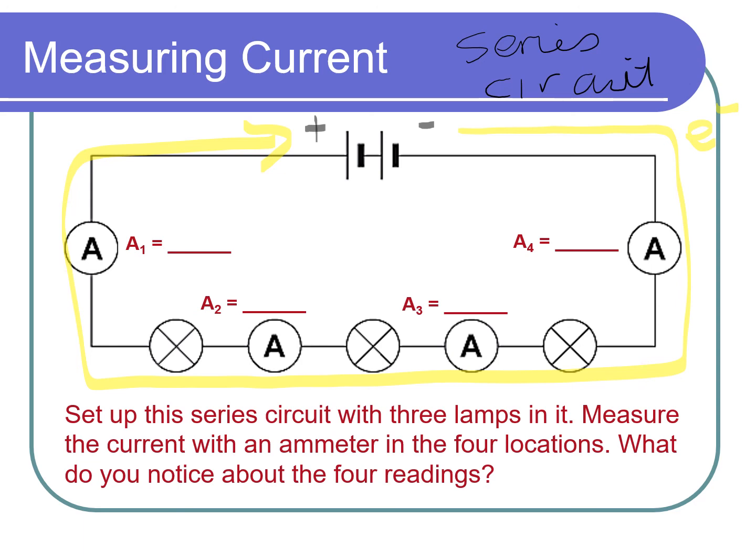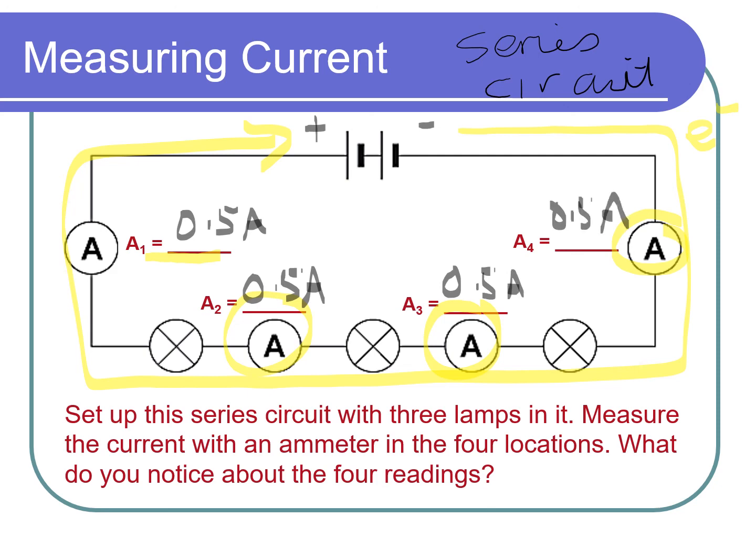Now we've got 4 ammeters in this circuit, here, here, here, and here. The current in a series circuit is the same everywhere. So if we had 0.5 amps there, I must have 0.5 amps there as well, and 0.5 there, and 0.5 there. The current does not get used up. It's the same everywhere in a series circuit. Let's move on.